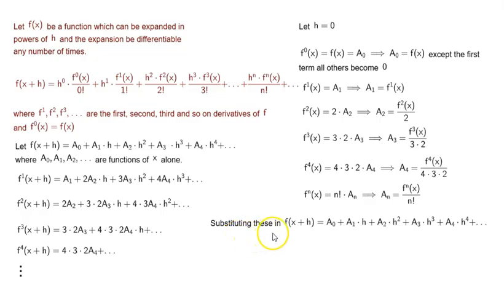Let's substitute these in f of x plus h equal to this expression. What do we get? We get f of x plus h is equal to f of x plus f1 of x by 1 factorial times h plus f2 of x by 2 factorial times h square plus f3 of x by 3 factorial times h cube, and so on.